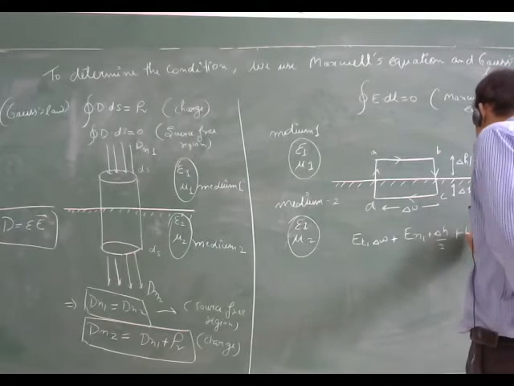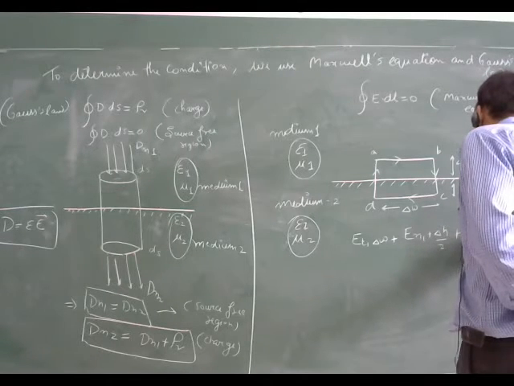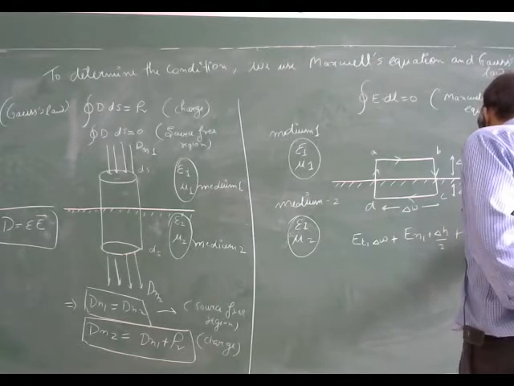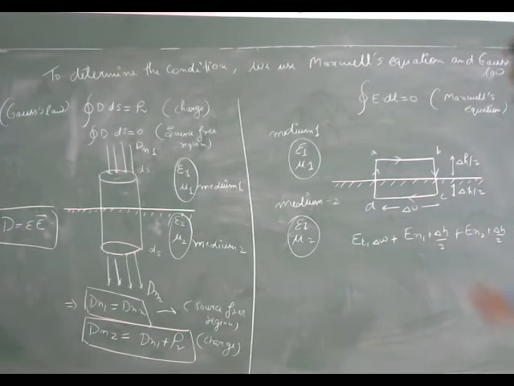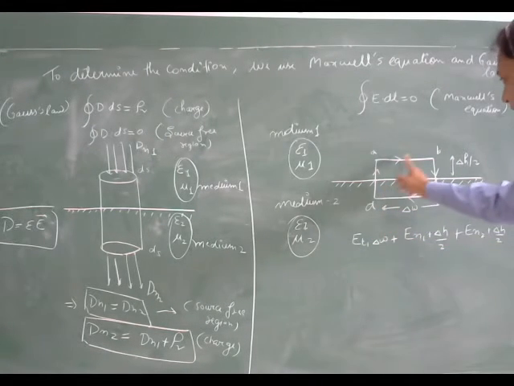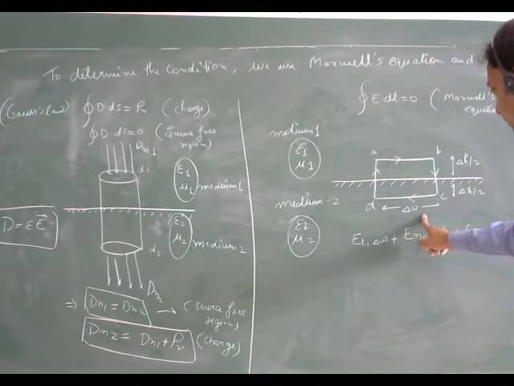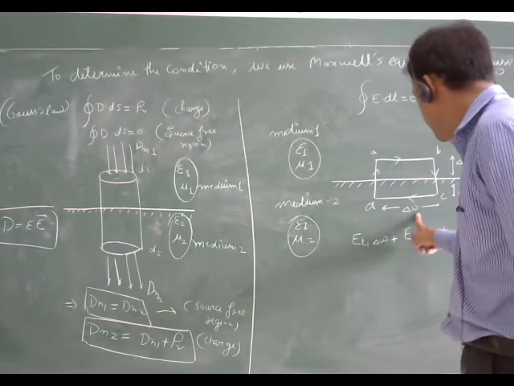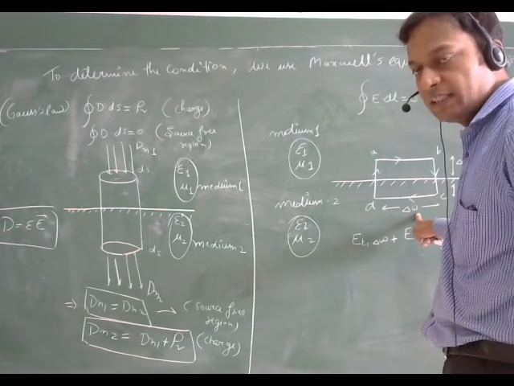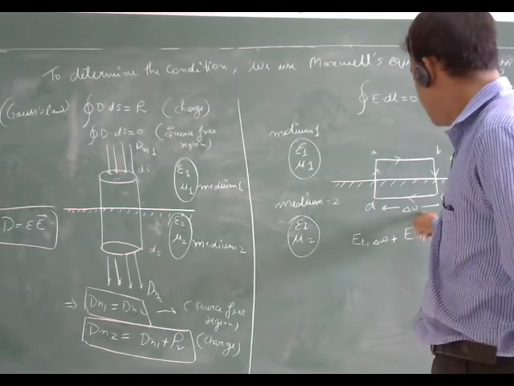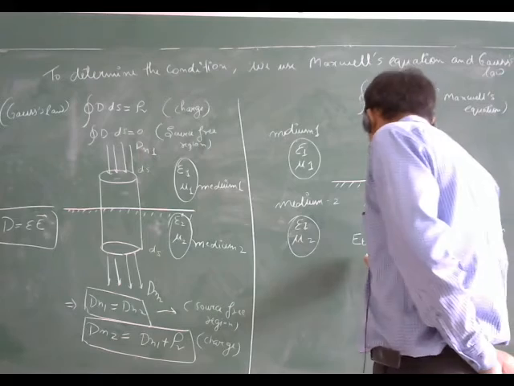Therefore it will become En2 times del h by 2. Now the direction of this is opposite to that of the above, so this will become the tangential component of electric field in the second medium and the length del w.